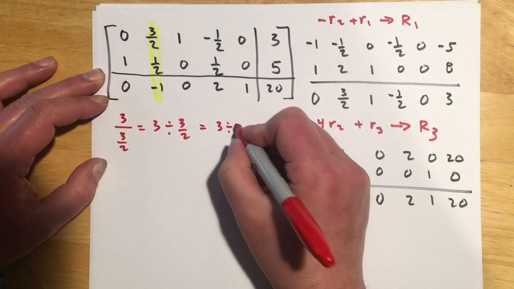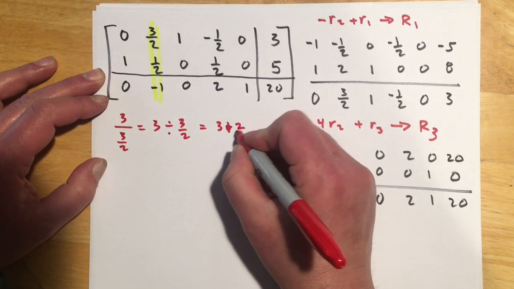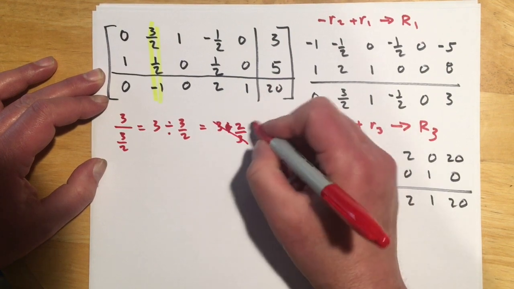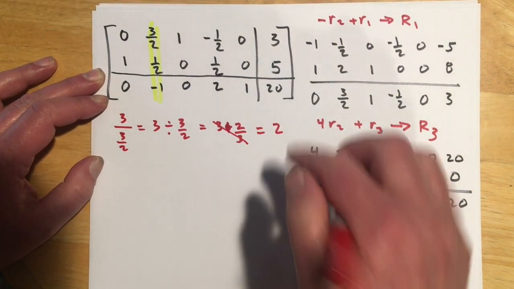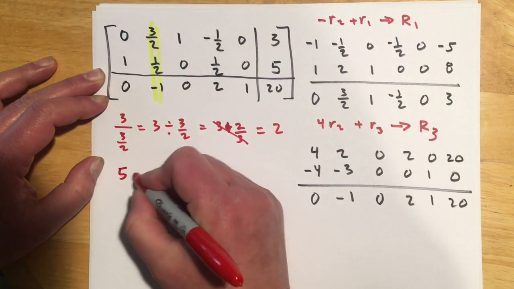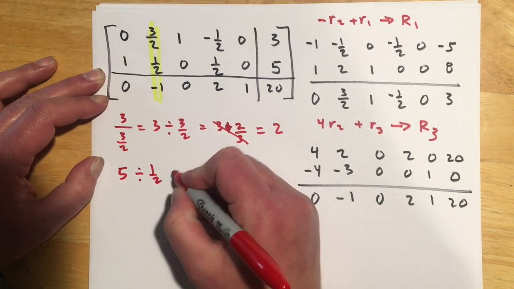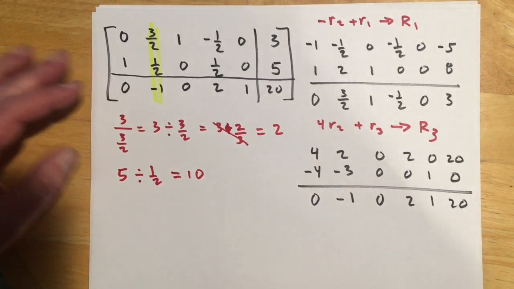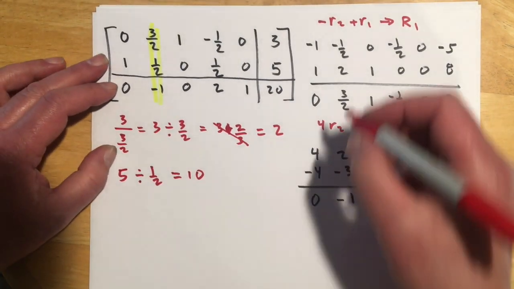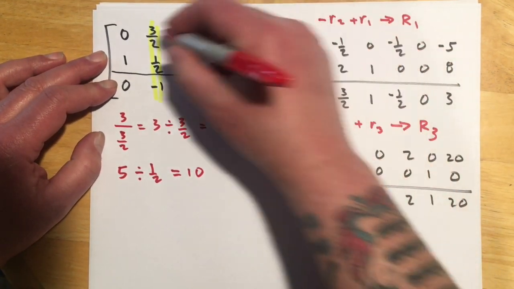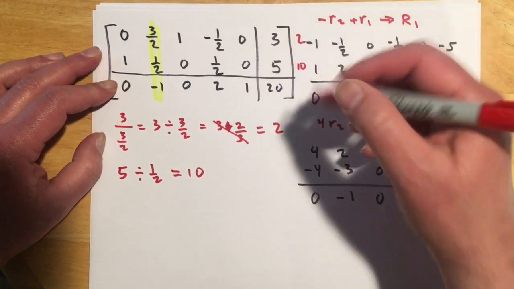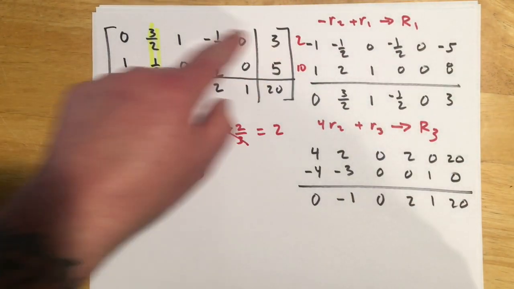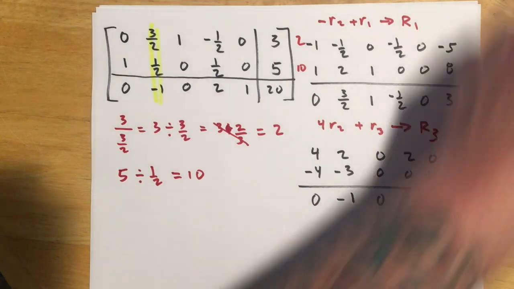So 3 times 2/3, those cancel and I get 2. And then 5 divided by 1/2 is the same thing as 5 times 2, so that would be 10. So this one came out 10, and that 3 came out 2. So this is my smaller value, so that makes that my pivot row.